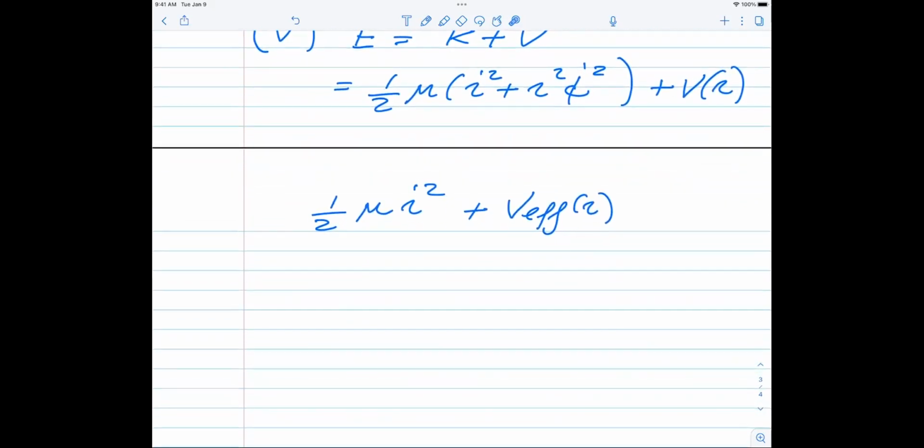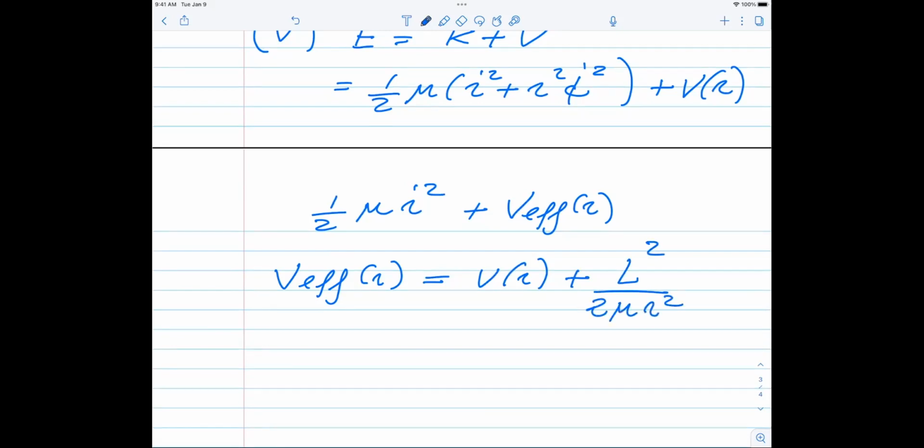So that means that this potential which we have, this V effective of r, is now going to be something which we define as the original potential plus this angular momentum dependent term, which goes like L squared divided by 2 times mu times r squared. So this is going to be the effective potential.